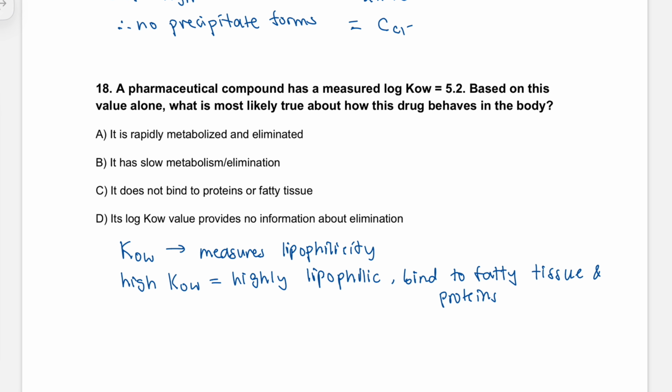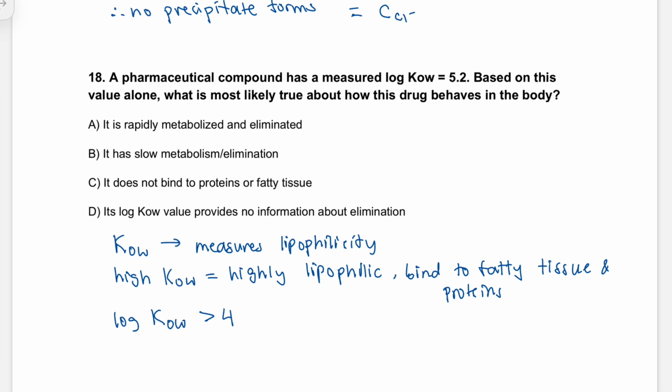It also states in the lecture slides that when the log of K-octanol is above 4, this indicates a highly lipophilic compound, and it has slow metabolism in the body. Our value is 5.2, which is above 4. So it will have slow metabolism or elimination in the body.